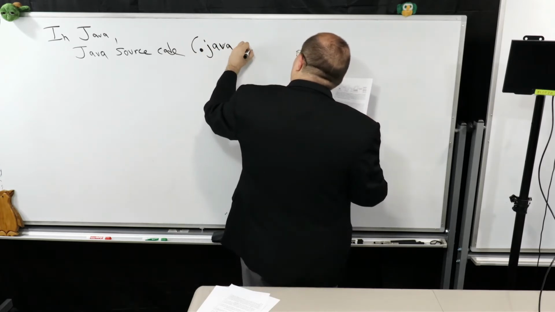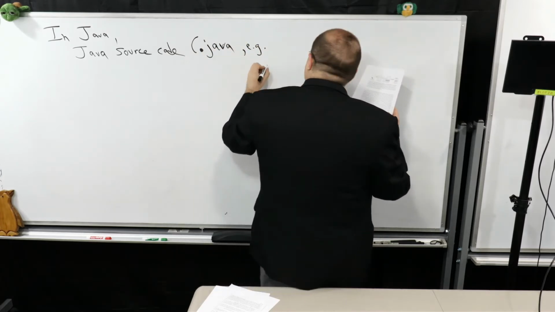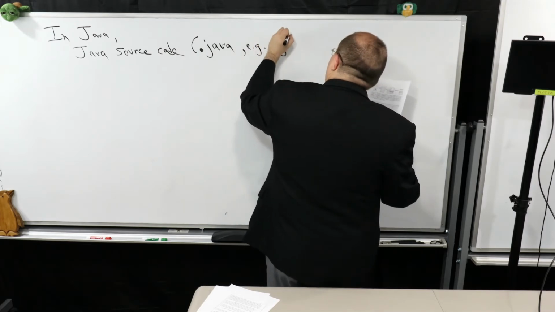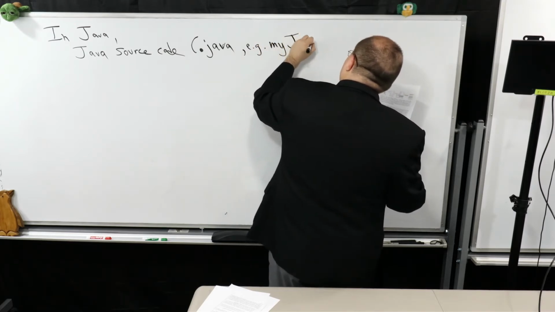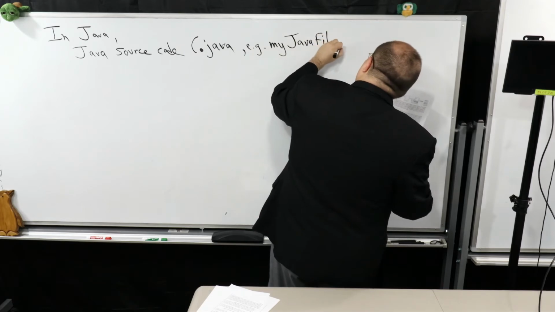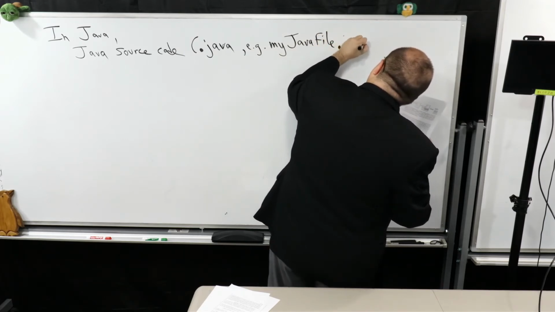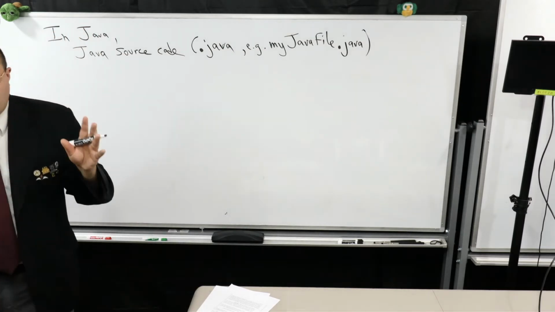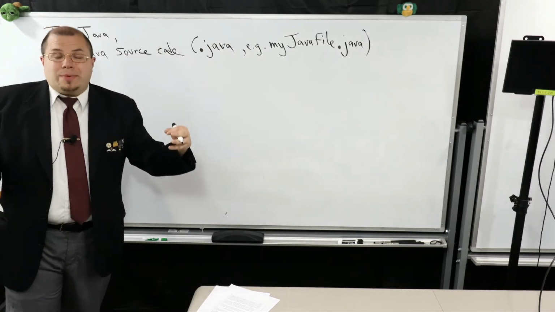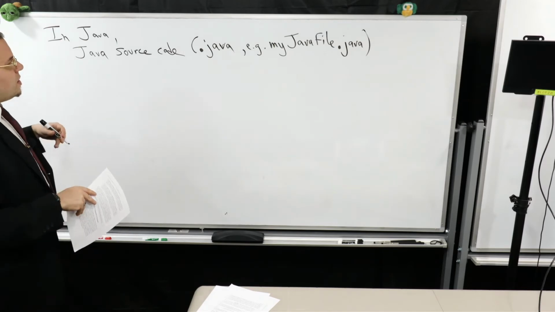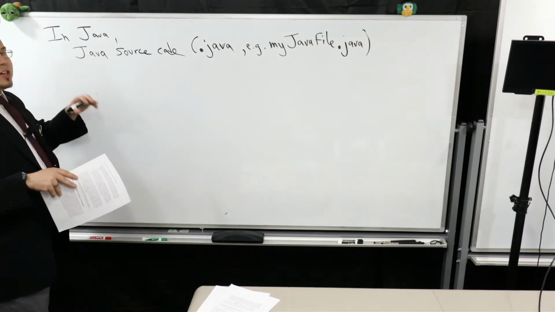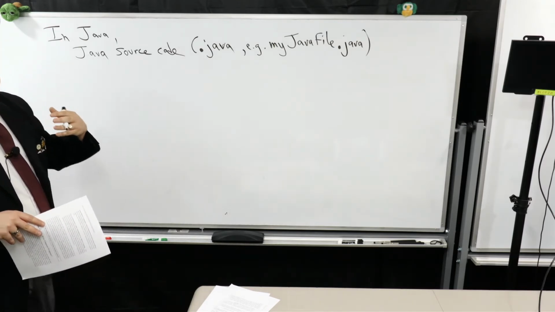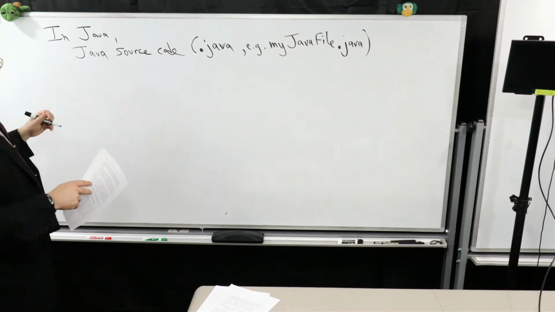So for example, if I have a file called MyJavaFile, at the end of the file you'll see .java. That's how you know it's actually a computer program in the given programming language. So this would be, for example, my instructions that I typed out in Java.